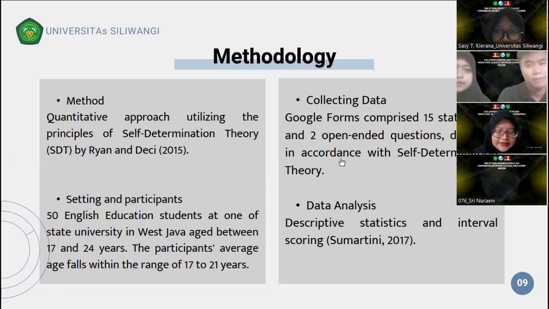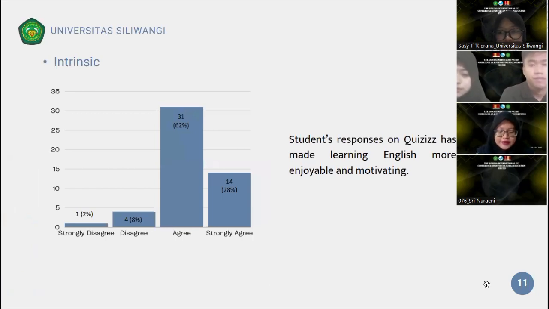All right, thank you, Sasi. Next, please. All right, for the findings overall of the data we gained, the result can be concluded that quizzes has positively affected student motivation intrinsically and extrinsically. This can be proven by some of the data that we put in the next slide.